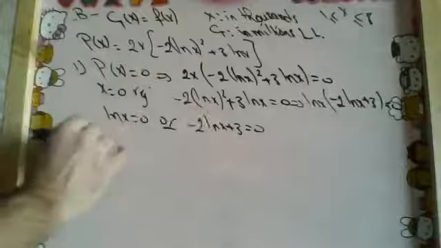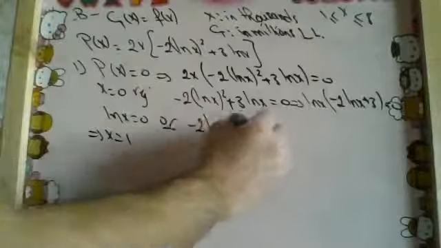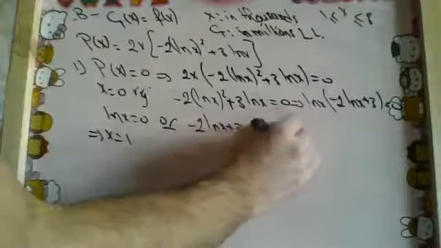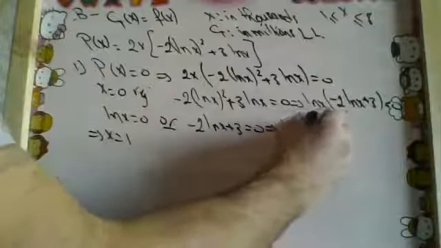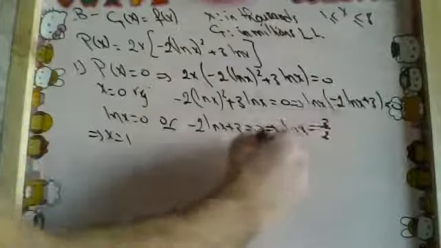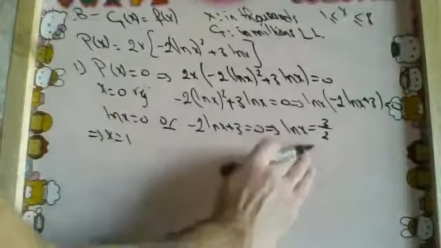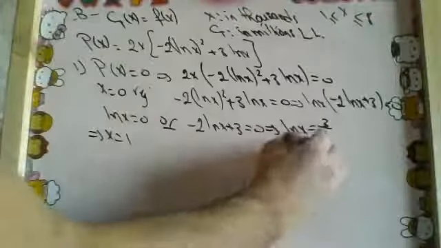The first one gives x equal 1, and for the second one, move 3 to the right side and divide. You get ln x equal 3 over 2, and so x is equal to e to the power 3 over 2. Use the calculator to find the answer here.